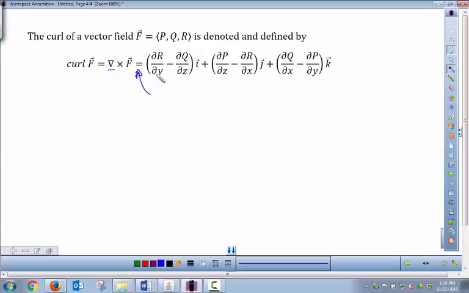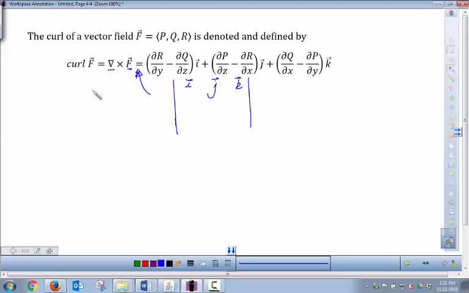So you're crossing the del operator and the vector field P, Q, R. So if you remember how we computed the cross product before, we kind of set up a matrix and then we found the determinant of a 3 by 3 matrix. So up on top is the I, J, K vectors. And then the middle row was the first vector.